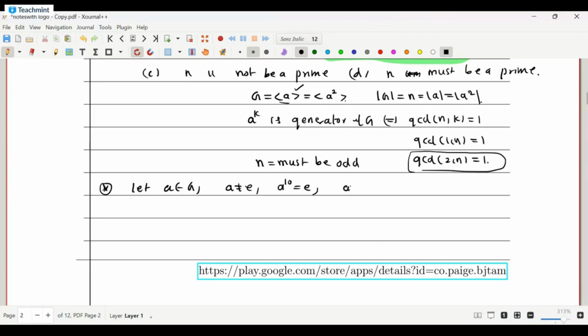And also given that A square not equal to E, A power 5 is not equal to E, then order of A is equal to dash. Options are option A 5, option B 2, option C 15, option D 10.